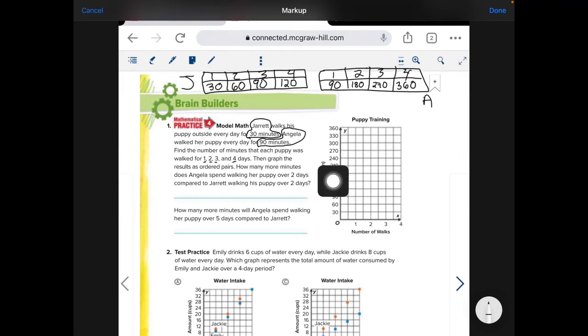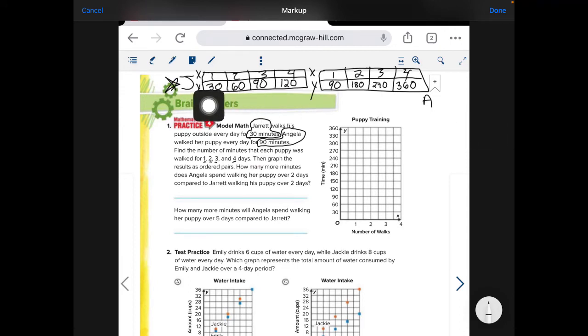Okay, now can you see a correlation? Look, here's all the minutes. That's our Y, and then the number of walks, which is our X. So, X, Y, X, Y. All right, so let's go ahead and mark this. I'll mark Jarrett with black.